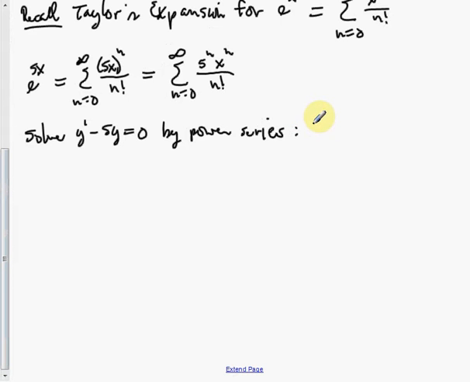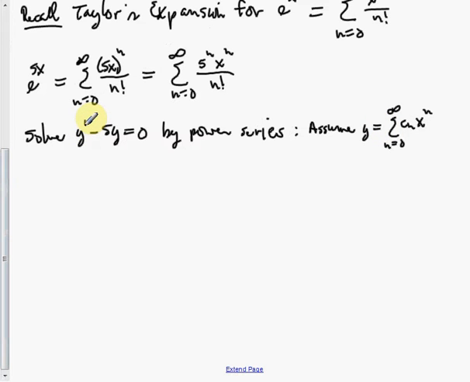And here we assume that y is equal to the summation as n goes from 0 to infinity of c sub n times x to the n. We assume that the y itself can be written as a series, here a power series. Well, if that be the case, this is y. I'm going to replace that y here with the power series. I need to replace y prime.